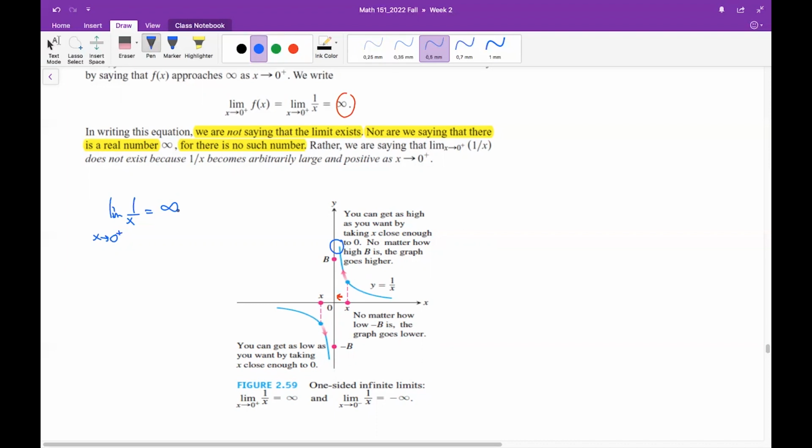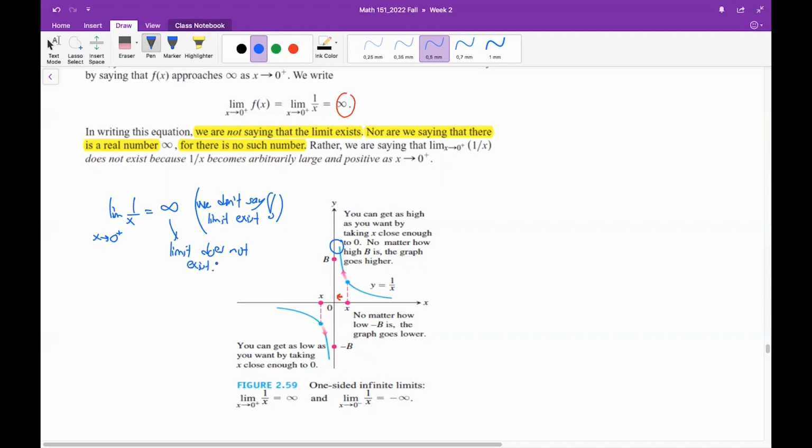It is just a notation to describe the behavior of a function that grows increasingly large. By putting infinity here, we don't mean that the limit exists. In fact, the limit still does not exist.